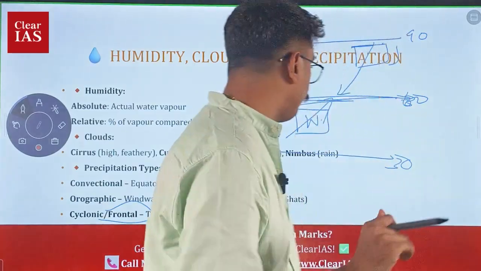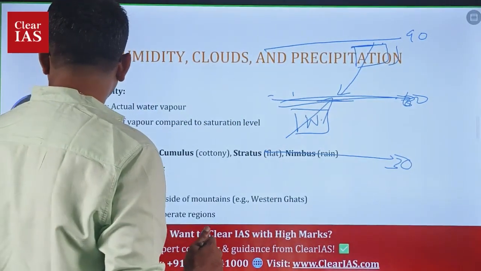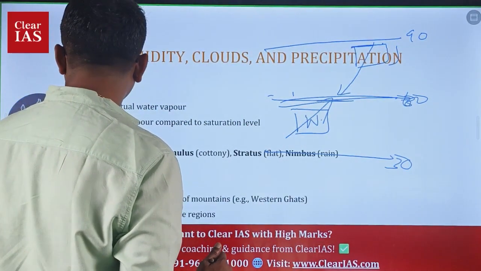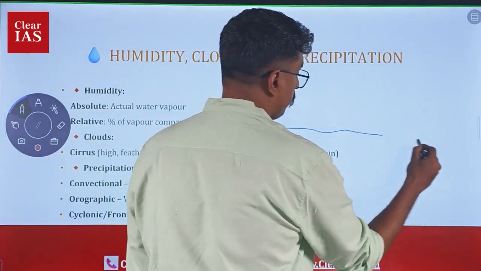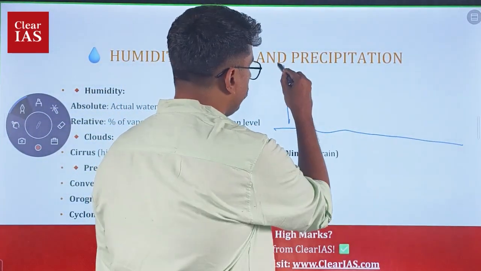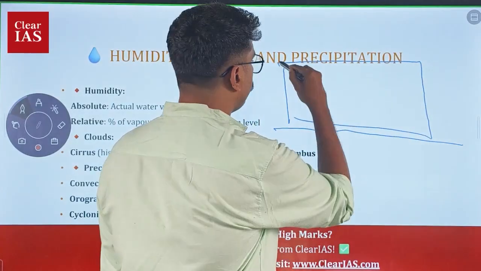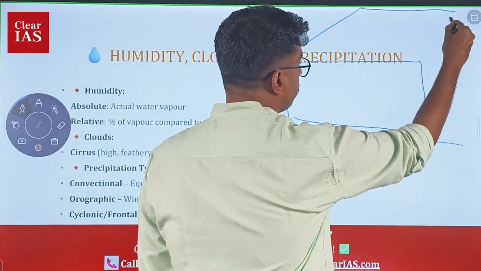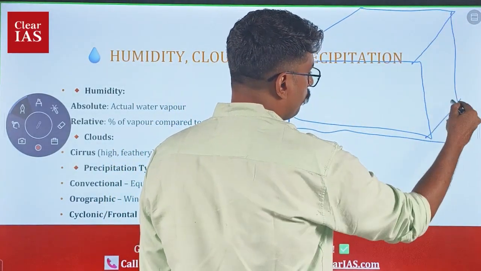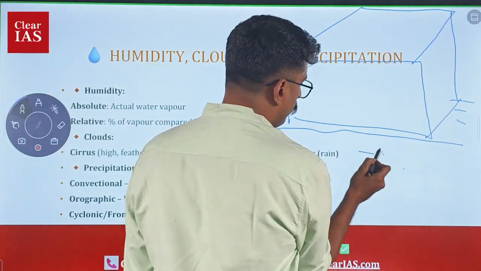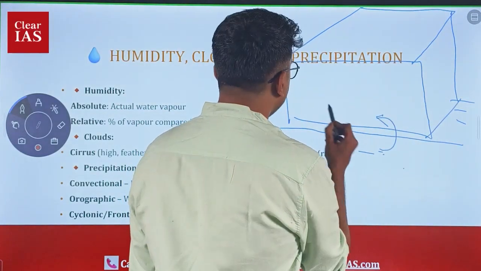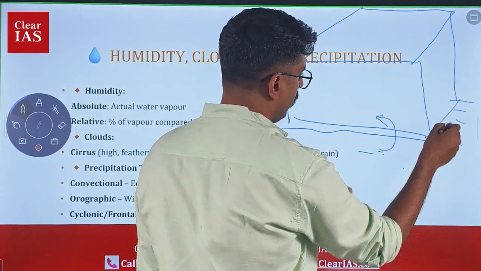Air masses are formed when the air remains stagnant over a flat surface for a long time. So, ocean, flat surface. If there is no horizontal movement of air and air is stagnant over the ocean for a very long time, the quality of the ocean would be transferred to the air and it becomes an air mass.